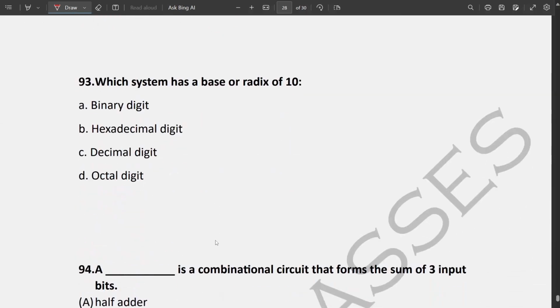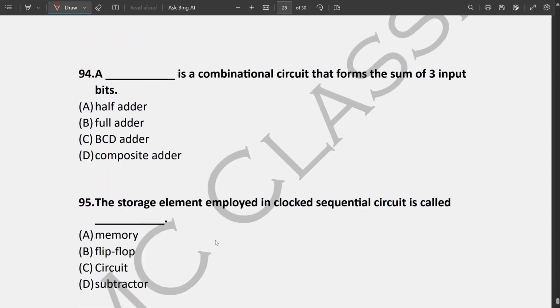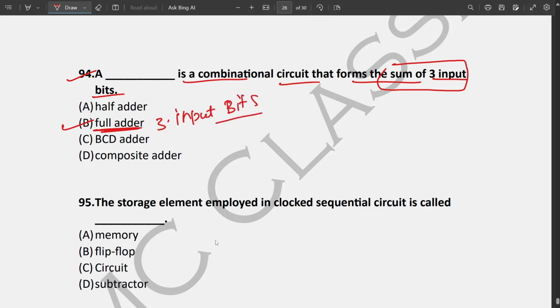Next, which system has a base or radix of 10? Base 10 is called decimal. Option number C. Next, a combinational circuit that forms the sum of three input bits. The answer will be full adder.